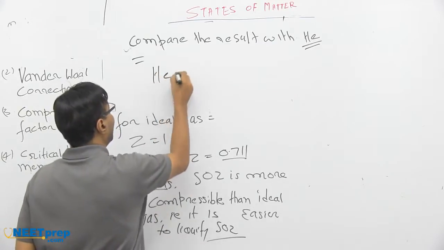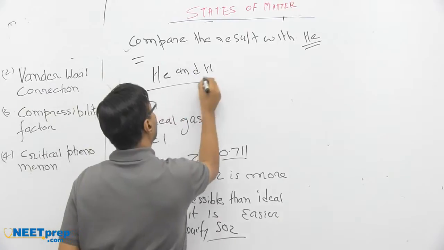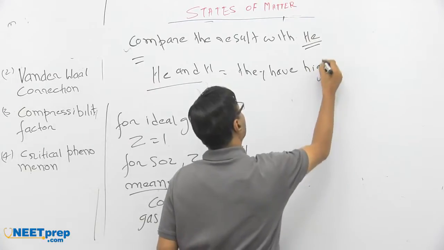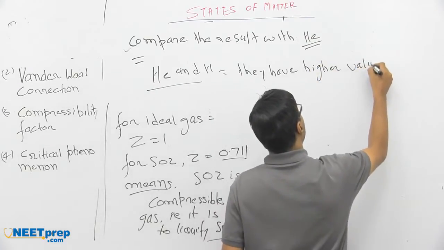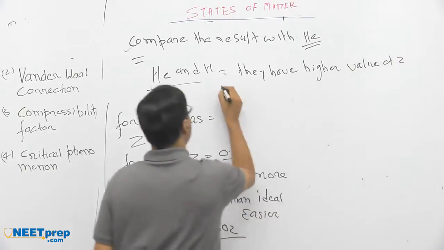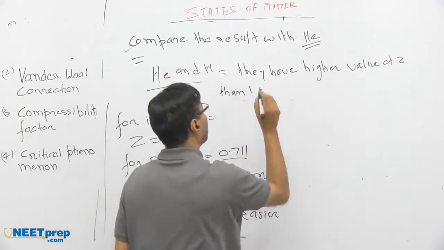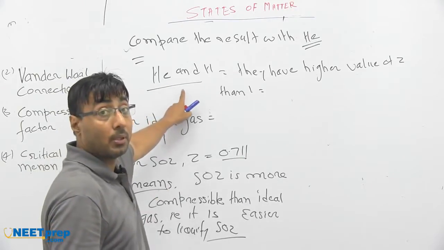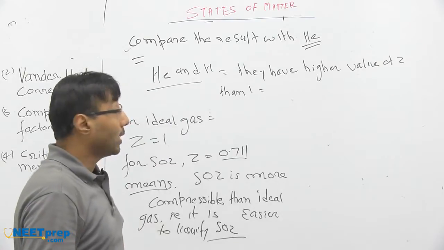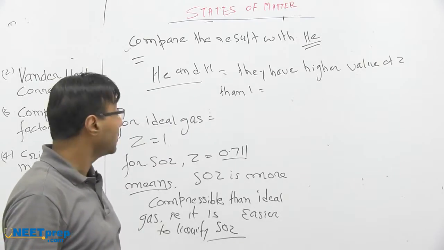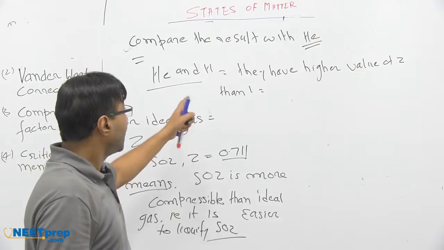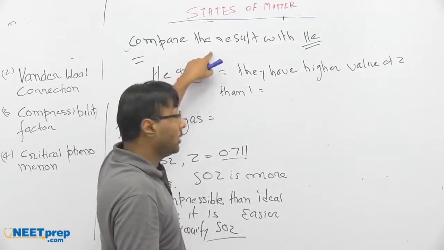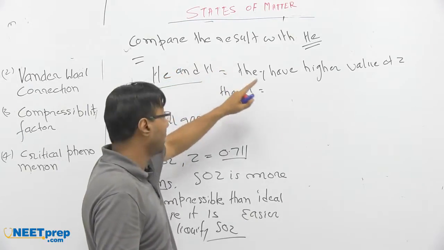Helium and hydrogen have a higher value of Z than 1. So these gases are less compressible in comparison to ideal gases, because in ideal gas there is neither attractive nor repulsive force, but in these gases there is a repulsive force.